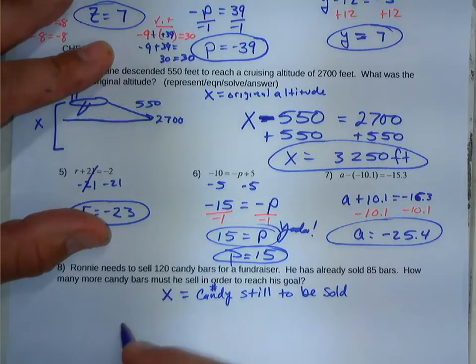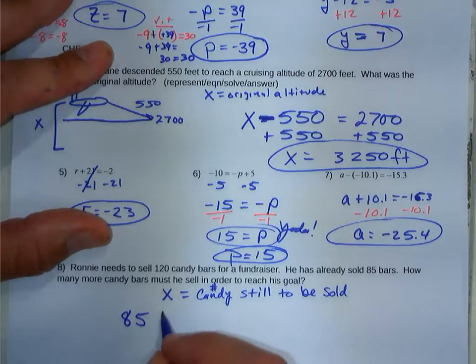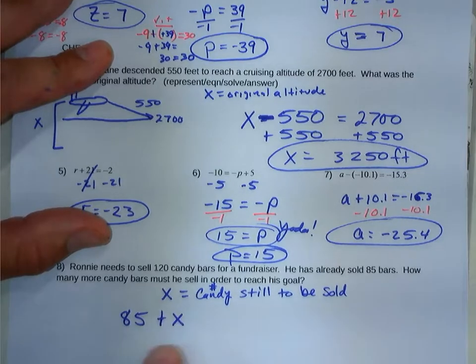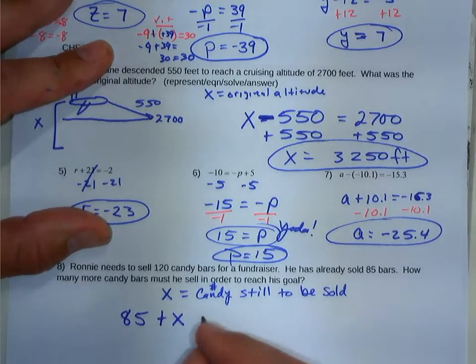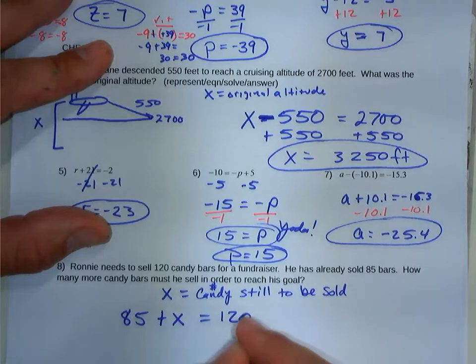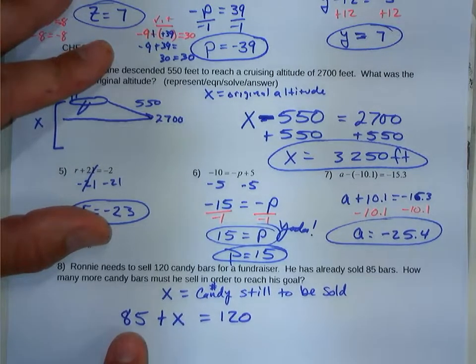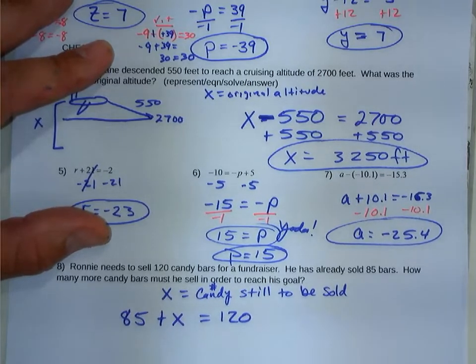Well, right now, he's got 85 candy bars. He still needs to sell X amount. I don't know what that is, but when I add those two things up, I want it to be 120. So that's why I have the number of candy bars sold plus the candy bars that still need to be sold. If I add those up, that equals 120.